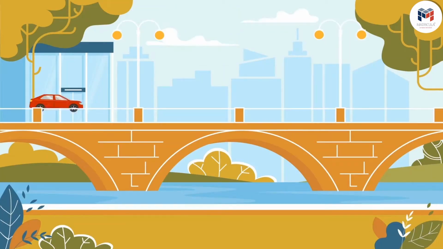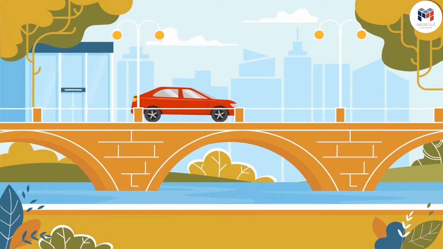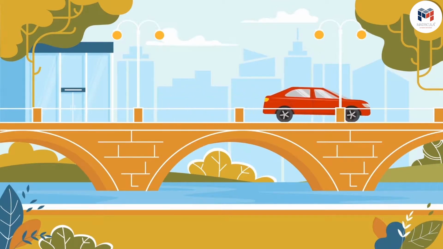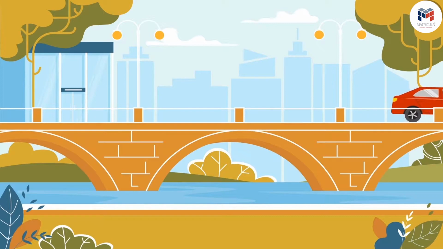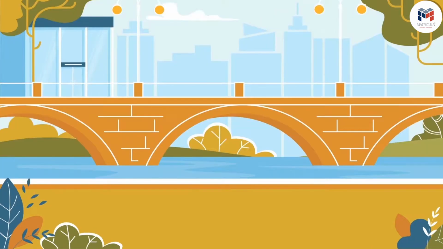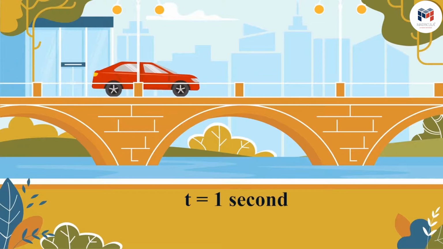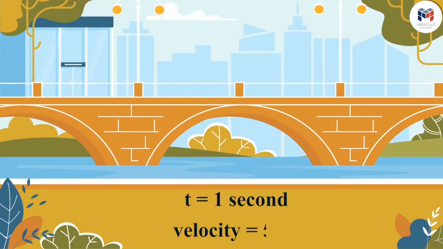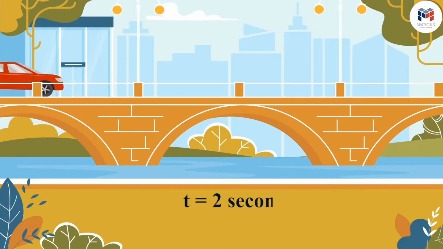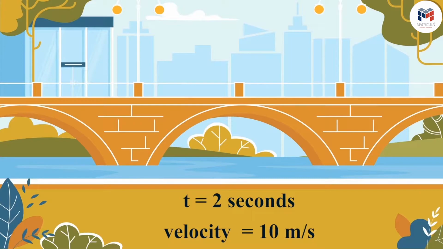Suppose a car starts from rest and starts moving on the straight road with a constant acceleration of 5 meters per second square. The velocity of the car at t equal to 1 second is 5 meters per second. At t equal to 2 seconds, velocity is 10 meters per second, and so on.